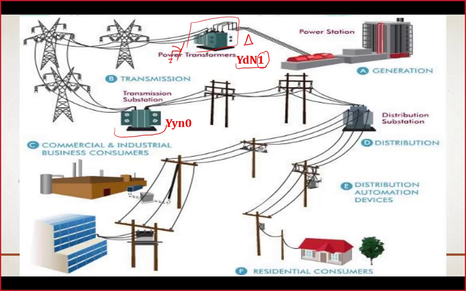It means neutrals are accessible on both sides and will be grounded. Neutrals are grounded, both windings are Y, and there is no phase shift between the two sides. So that is the vector group for this transformer, Y, Y and 0. Remember this transformer will be an auto transformer.